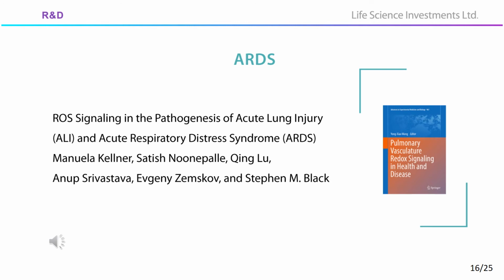COVID-19 is obviously a new entity, and we have much to learn about it. But on the contrary, acute respiratory distress syndrome is a well-known syndrome by lung specialists, and for a long time it was published that ROS signaling was very important in the pathogenesis of this syndrome, and that the role of antioxidant was also crucial.